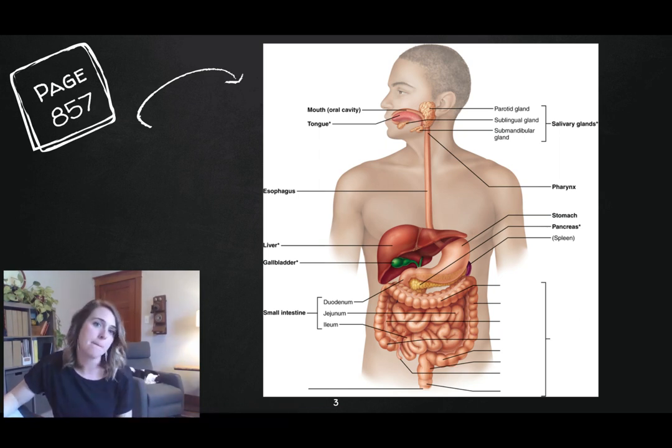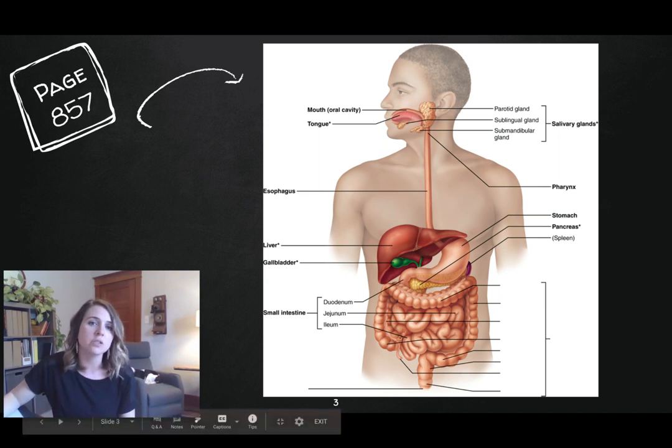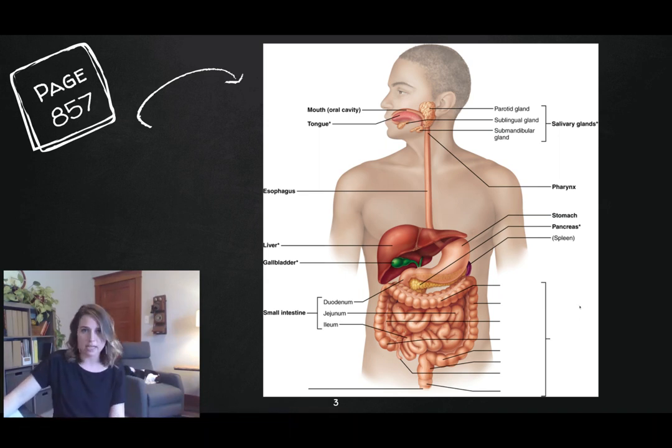There's a little valve between the small intestine and the large intestine called the ileocecal valve, because it's where the ileum and the cecum, which is part of our large intestine, come together. So 3 parts of the small intestine: the duodenum, jejunum, and ileum.